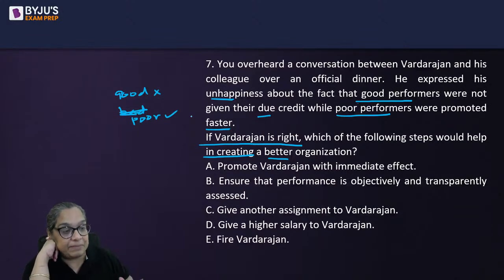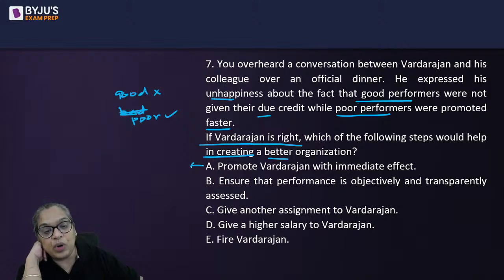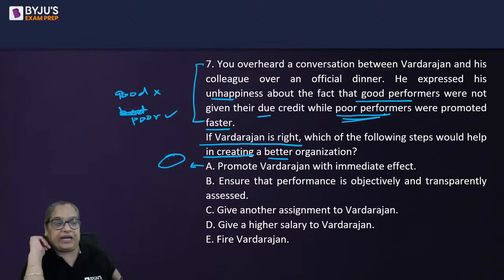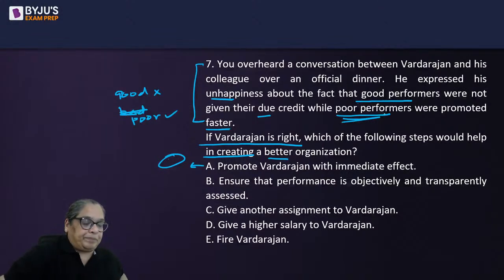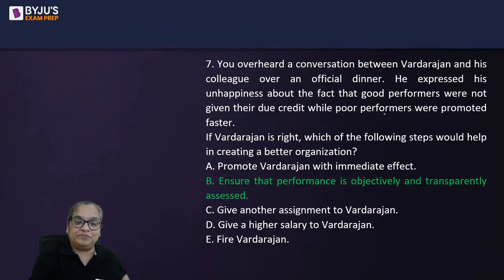Performance appraisal is not correct. So ensure that that happens. Firing him, see here, you are not taking his performance into account. The whole key is the problem here is performance appraisal is not correct, right? So that is the right answer.